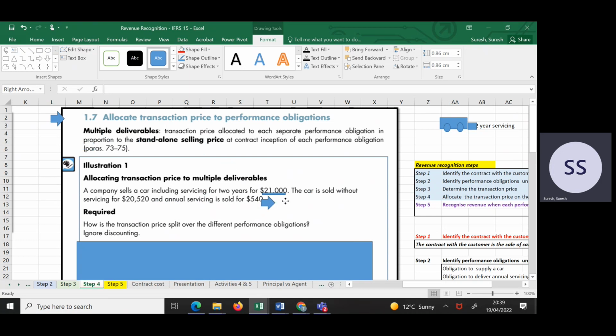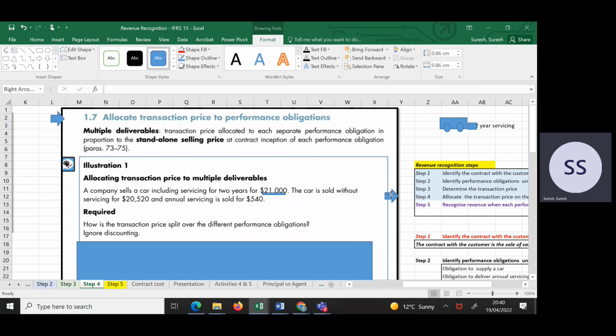So this revenue, which is the transaction price, needs to be allocated based on these separate performance obligations' standalone prices, as a percentage of the standalone prices. That's why these standalone prices have been given. We will come back to it in a minute.